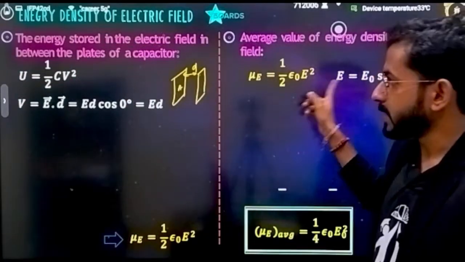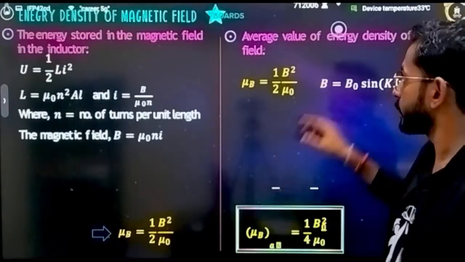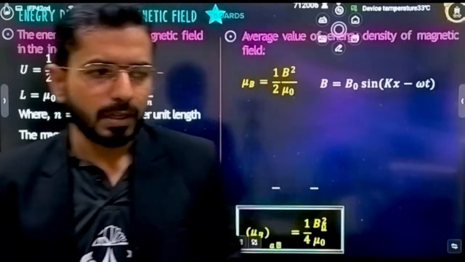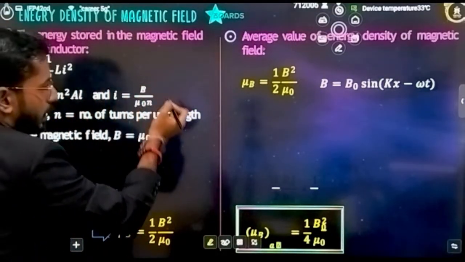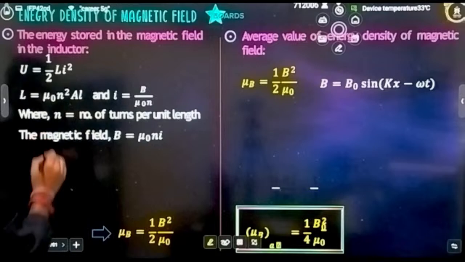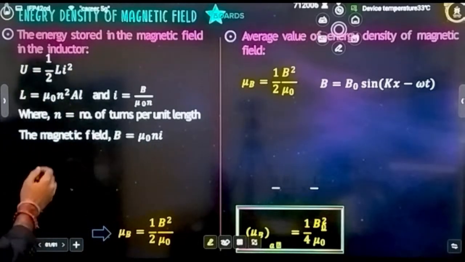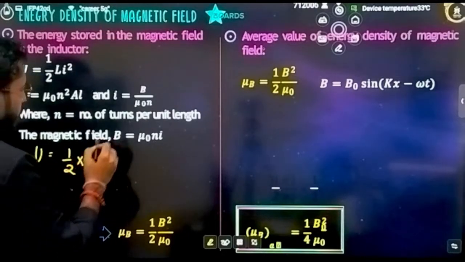We are going to derive the energy density of magnetic field as well. It is a complete derivation that is available for you. Now let's see for magnetic field how we can calculate the energy density. So in an inductor, how much energy is stored? That is equal to half L I square. I am going to use that only. And what is the inductance of a coil?